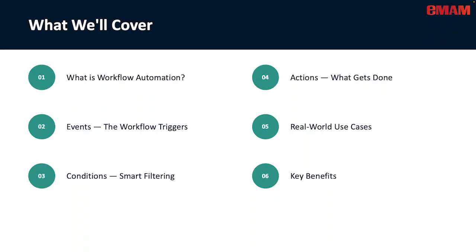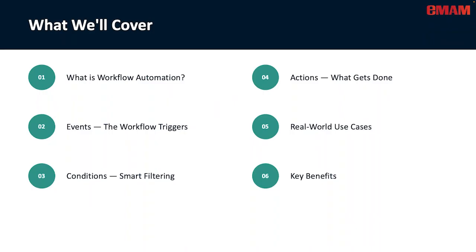Then you decide what actions you would like to take. The nice thing about actions is that one trigger could trigger multiple actions, in order, based on conditions if they're met. We'll go over that today.